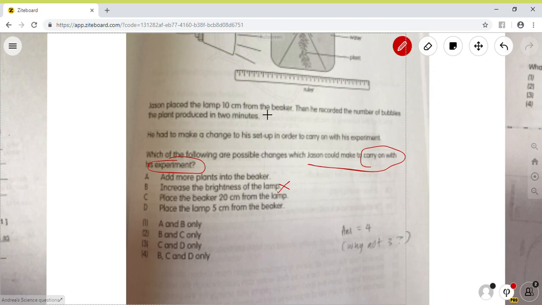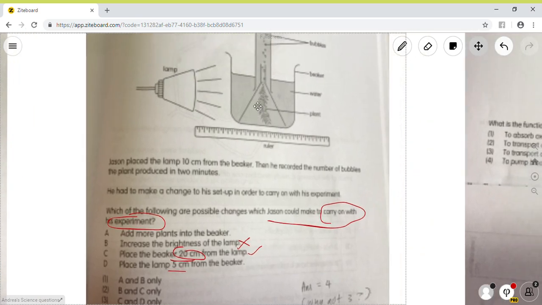So what you do is you increase the distance, so you put it further. When you place it further, the intensity will have decreased. But if you go and increase the brightness, then you will cancel out this thing. B will cancel out C, right? So you cannot increase the brightness of the lamp. It will affect the experiment. So if you put it 20 cm, that's further, and then you put it nearer, then you can check how many bubbles will come out.